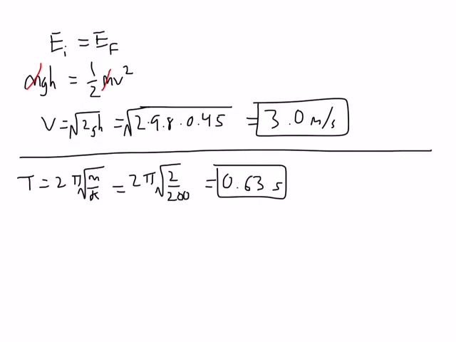So part C is a little bit trickier because you have to do some thinking about what math you're going to do. We're told we want to know the distance the spring is compressed at the instant the speed is a maximum. And we know from our simple harmonic motion discussion, the speed of the block is a maximum when the block is in equilibrium, when there's no net force on it.